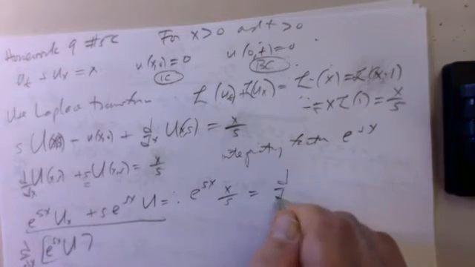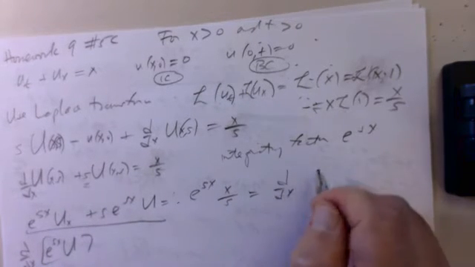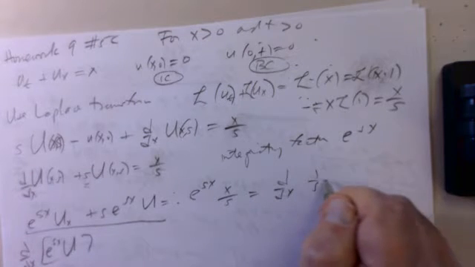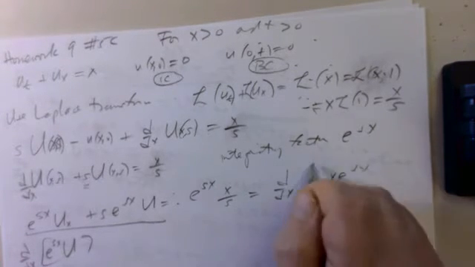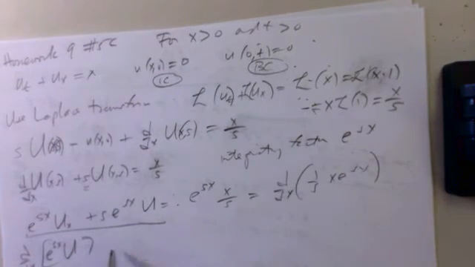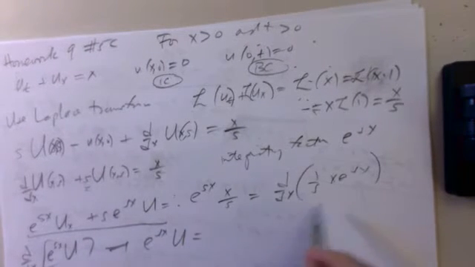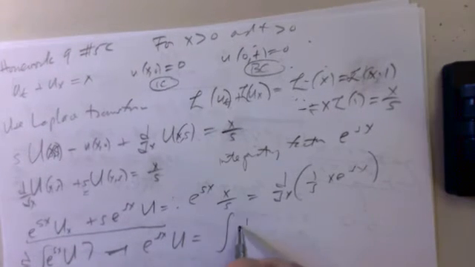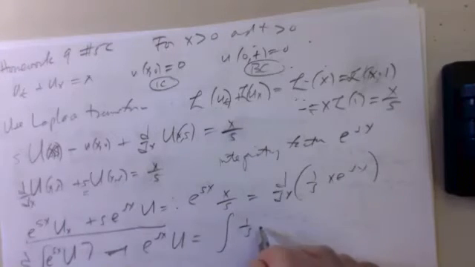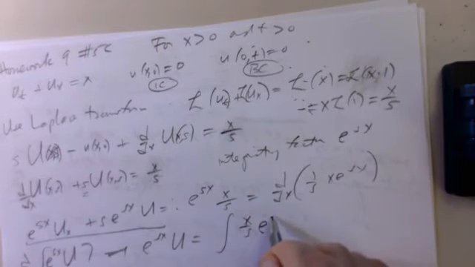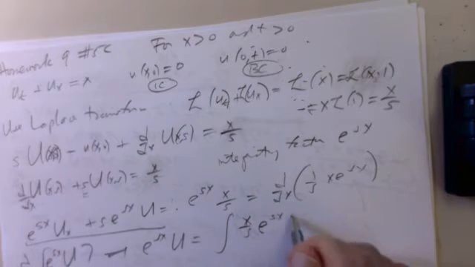So e to the sx times u is the integral of 1 over s times x e to the sx dx.